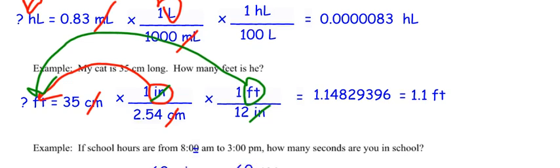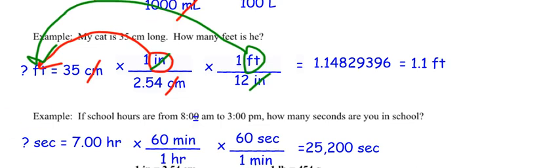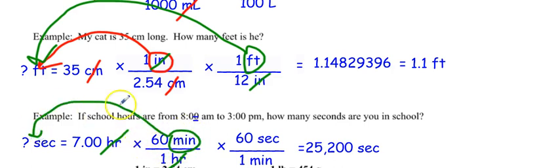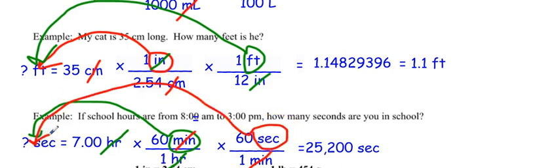Okay, this is how I did it. I started off with hours, and hours went to minutes, and guess what? Minutes is not what I want. So I had to keep going. I got rid of minutes, and I put seconds on top. Is seconds what I want? Yes.